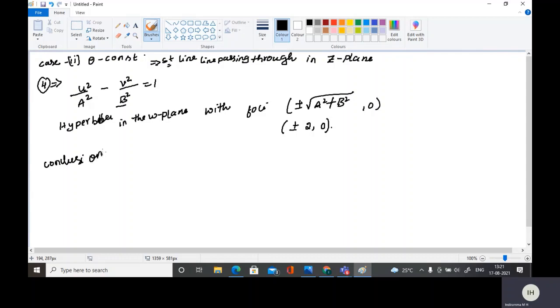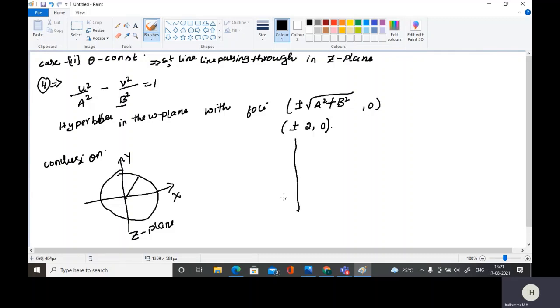In case 1, what did we consider? We considered a circle in the z plane, with center at origin and radius r units. So what did we get in the w plane? Here the coordinates are u and v in the w plane.